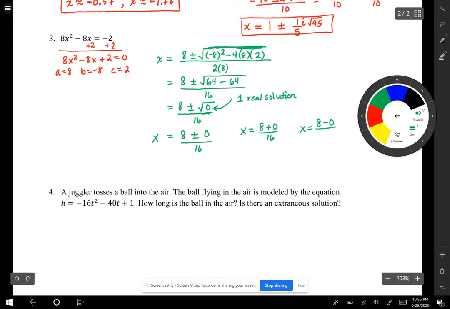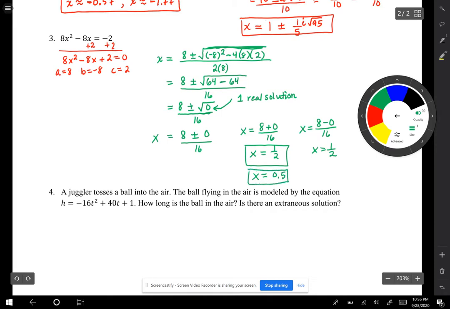It doesn't matter if you add 0 or subtract 0. It doesn't change the answer. So here, that's 8 over 16, which is 1/2. And you only have one answer, so that you don't use a duplicate. So you have x equals 1/2 as your answer. Or as a decimal, it'd be x equals 0.5.